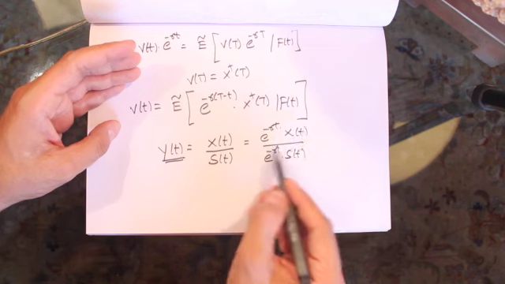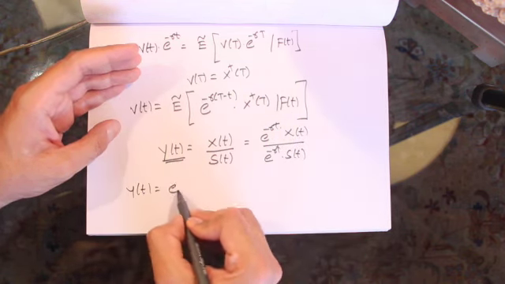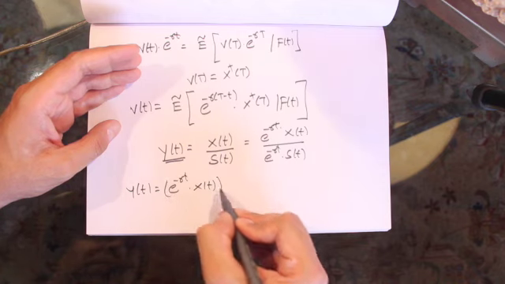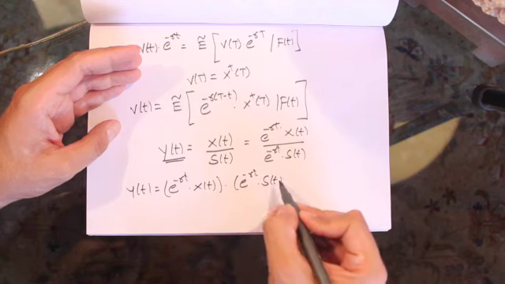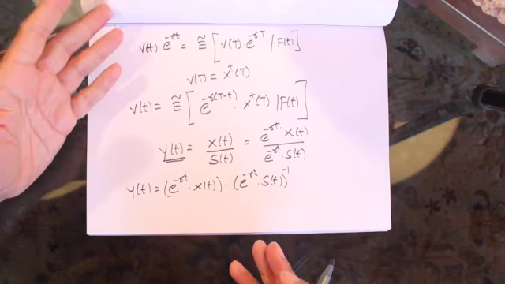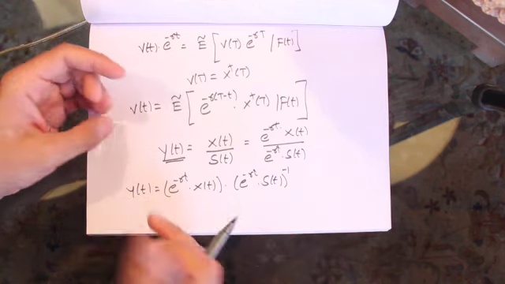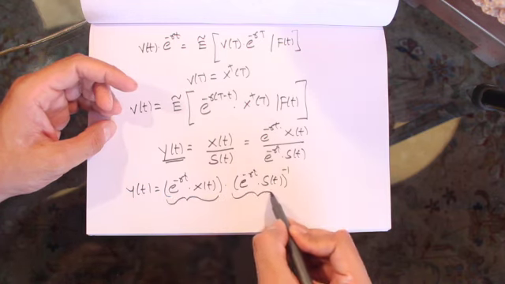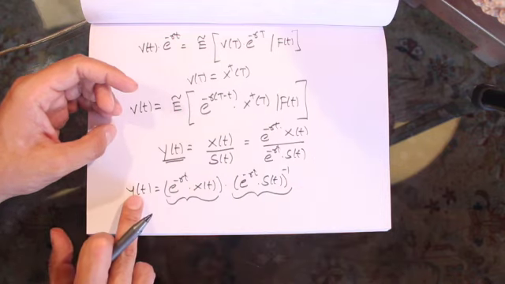Y of t is nothing but e to the power of minus rt X of t multiplied by e to the power of minus rt S of t to the power of minus 1. In order to figure out the differential of this, I'm going to first figure out the differential of this, then the differential of this, and then use those results to compute the differential of Y of t.